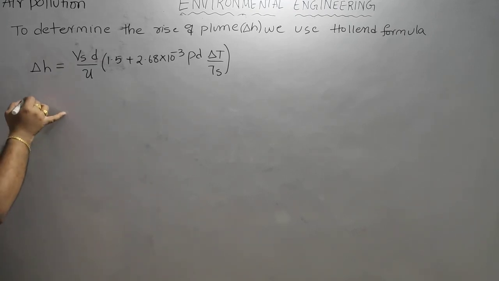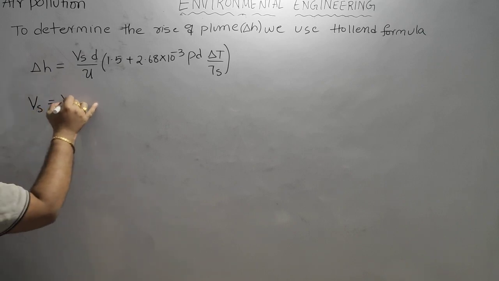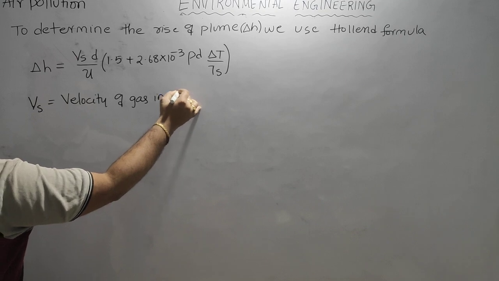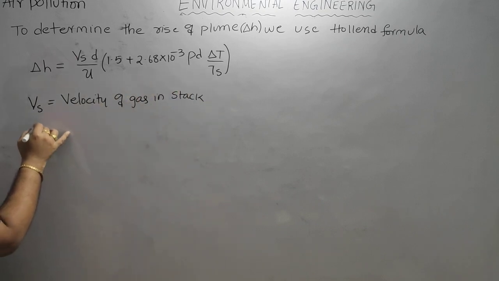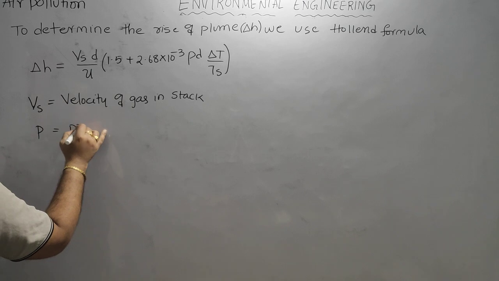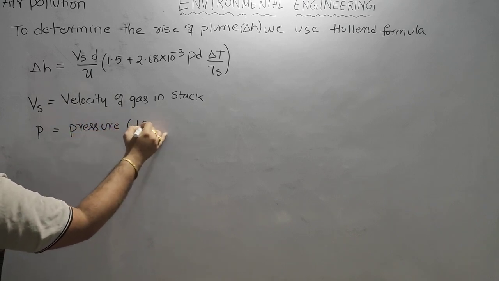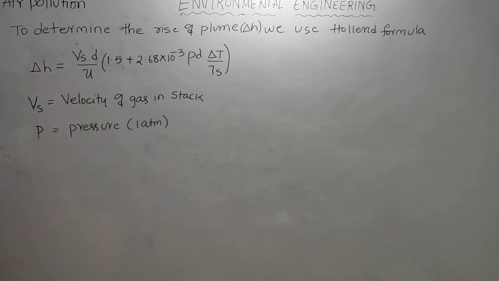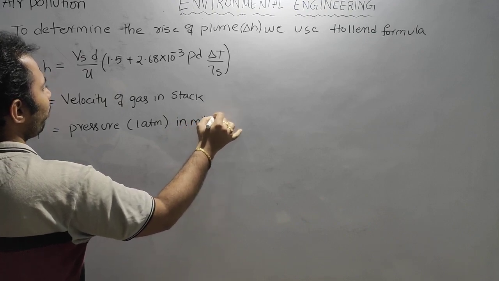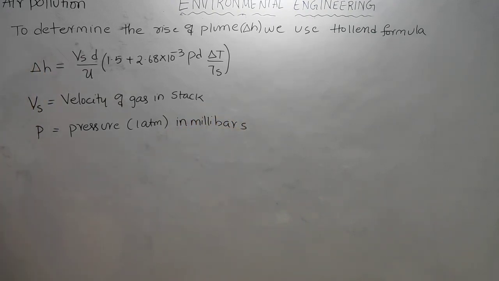Vs is the velocity of gas in the stack, and d is the diameter of the stack.